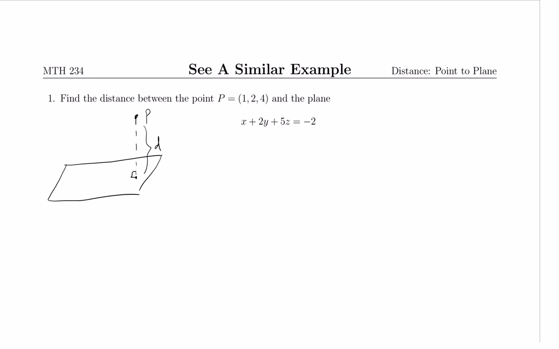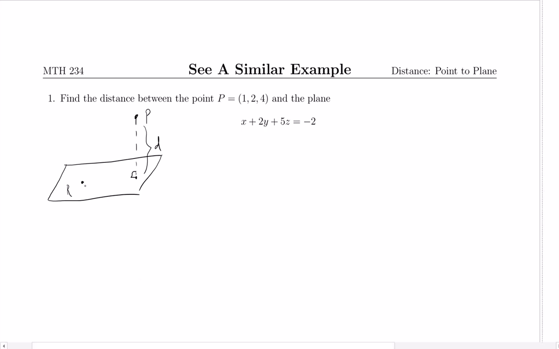Now to figure out what this distance is, we need some other point on the plane. So any point will do. So we randomly choose some other point, which I'll just call R, which is on the plane. And now we can draw a right triangle here and use some trigonometry.